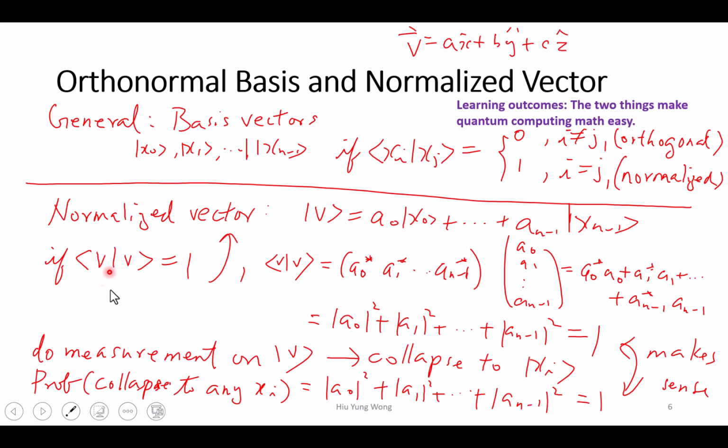But if it is this wave function and you measure it, you will always collapse to one of these. And the probability must be the sum of the squares of their coefficients, and that needs to be 1. Now think about that. If I tell you that you will always get something among these possible choices, the probability of getting one among these choices is 1, right?